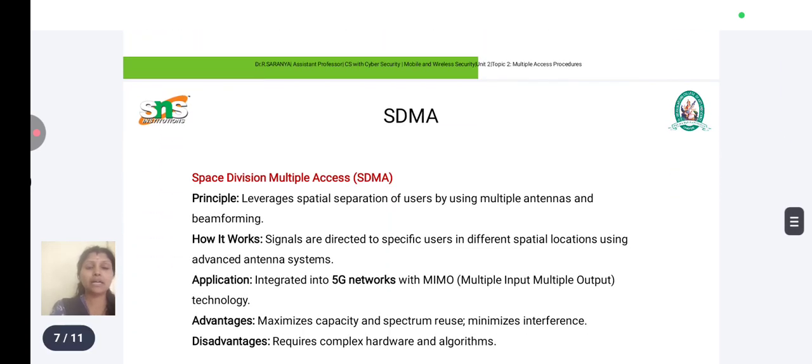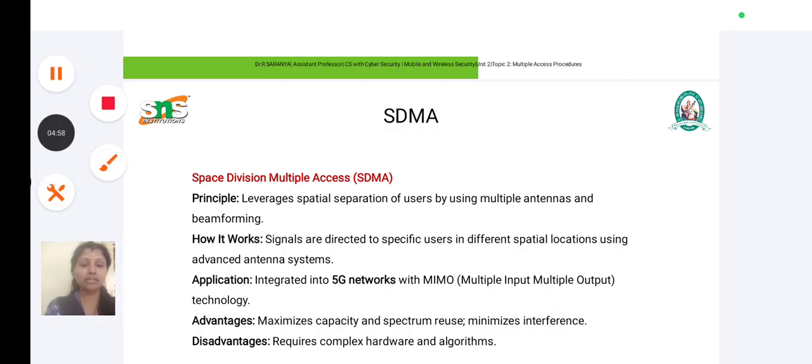Now let us see what is meant by SDMA. SDMA stands for Space Division Multiple Access. The principle of SDMA is that it leverages spatial separation of users using multiple antennas as well as beamforming. Signals are directed to specific users in different spatial locations using advanced antenna systems.